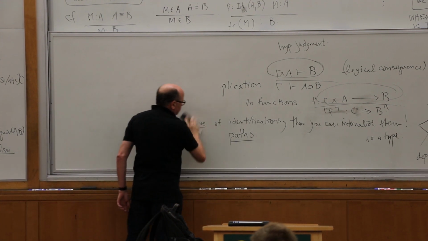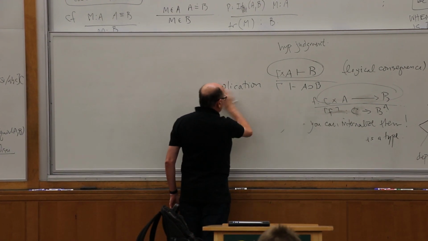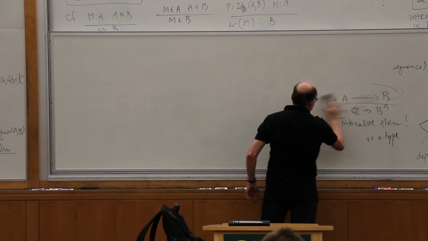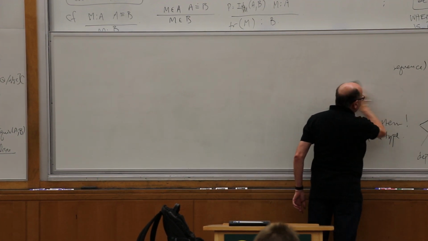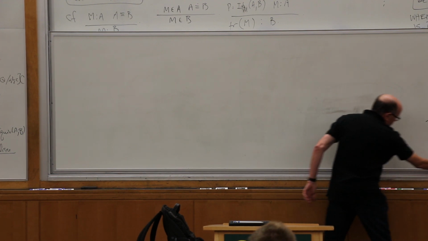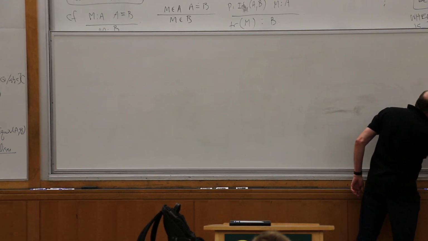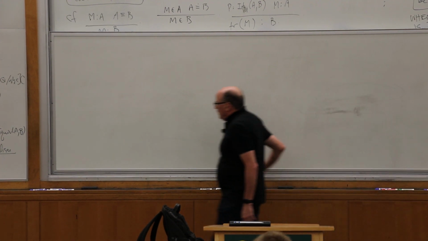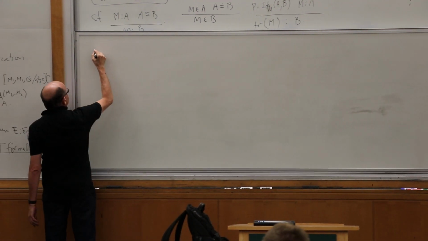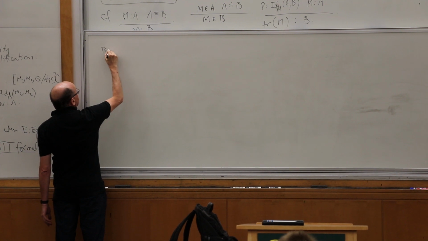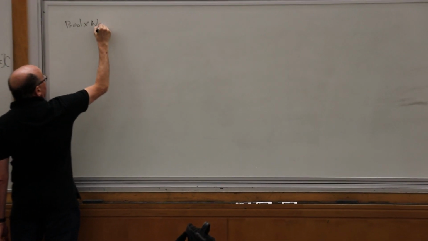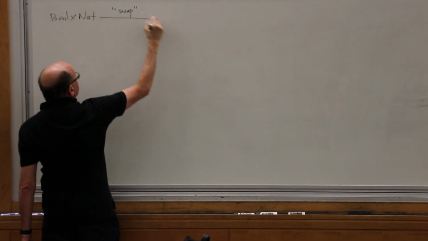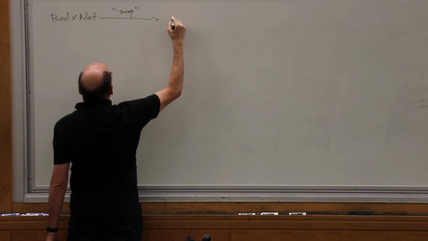Because you see, when I wrote the diagram bool cross nat, arrow, and then I wrote swap up here, I was hedging on exactly what I'm doing.